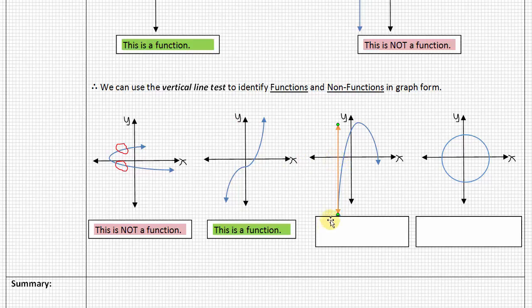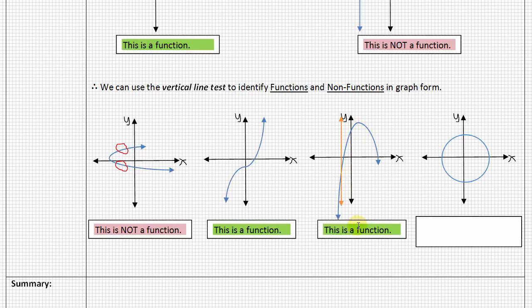It looks like it just crosses once, only crosses once, all the way through, it passes the vertical line test. It only crosses the line one time. So this nonlinear relationship is a function.